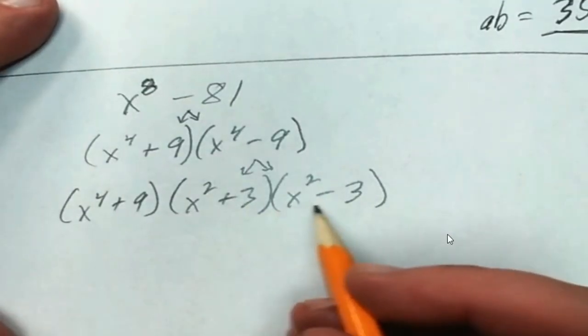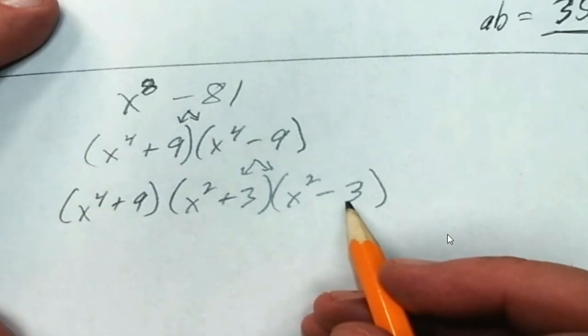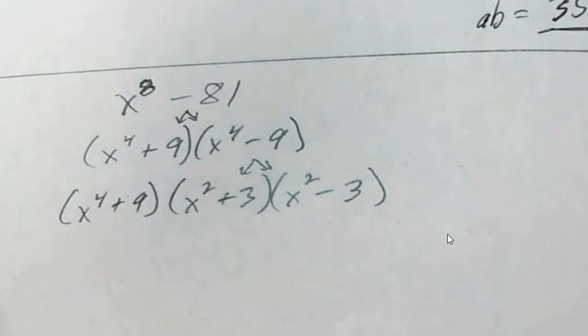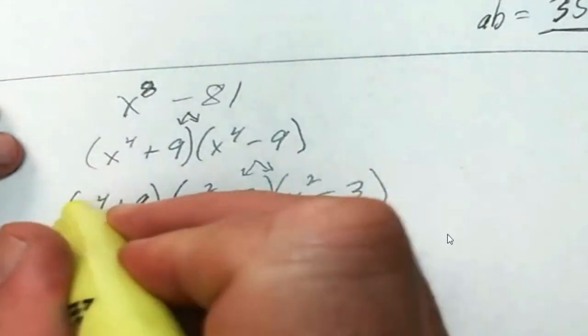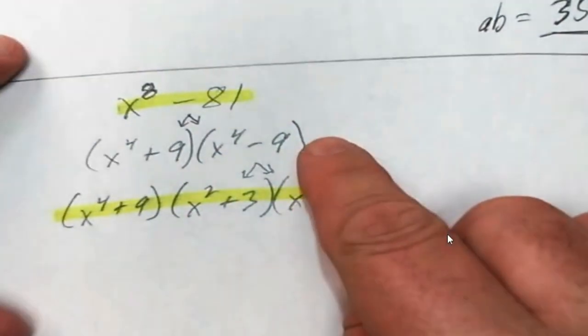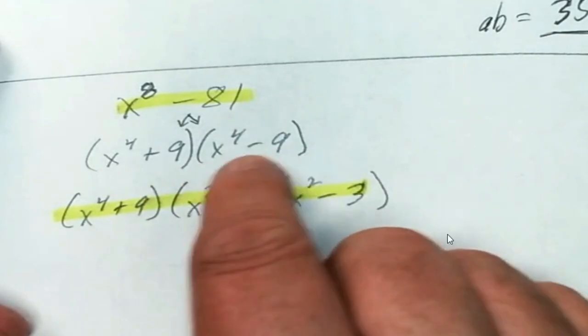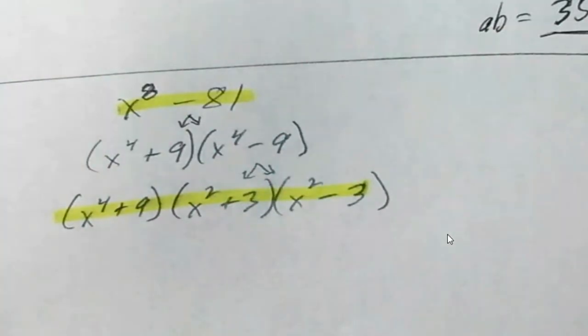Is this a difference of squares? Well, this is a square, but 3 is a prime number. So this is the final answer for factoring that. This would be partial credit because, yes, this is factoring it, but we're not down to its simplest factor yet.